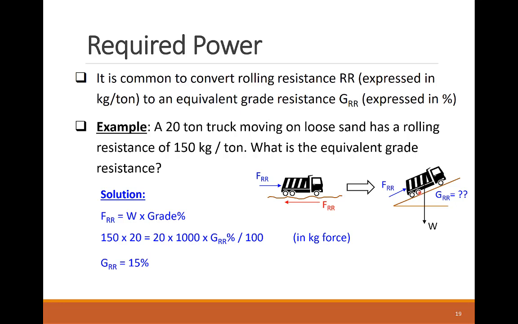FRR equals the weight, 20 ton, times the rolling resistance rate, 150 kilogram per ton. We set FRR equal to the horizontal component of the weight, which is shown in the right hand of the equation.